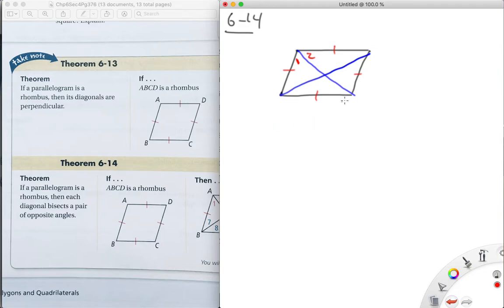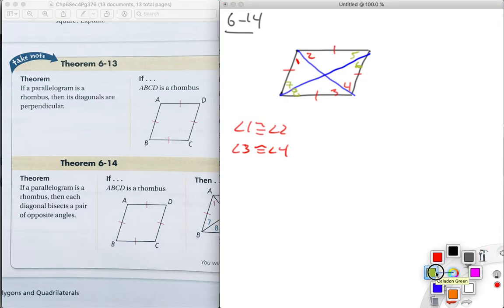So you have angles 1, 2, and 3, 4. Here we have 5, 6, and then 7 and 8. If it is a rhombus, then angle 1 is congruent to angle 2, and angle 3 is congruent to angle 4.